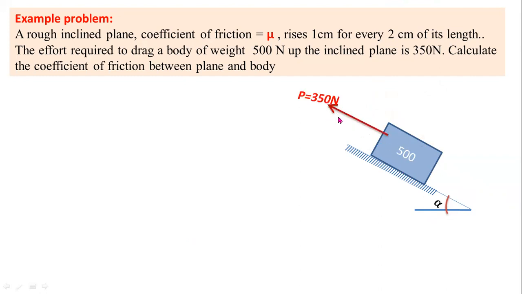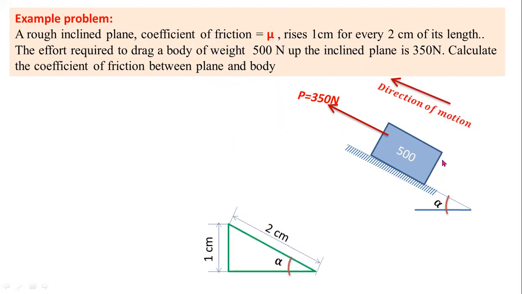Now this is a pulling force, so this pulling force P equal to 350 newtons. Now by using these details, you have to determine the coefficient of friction between the block and the inclined plane. First of all, you have to identify the direction of motion of the block. Okay, this is the direction of motion of the block.